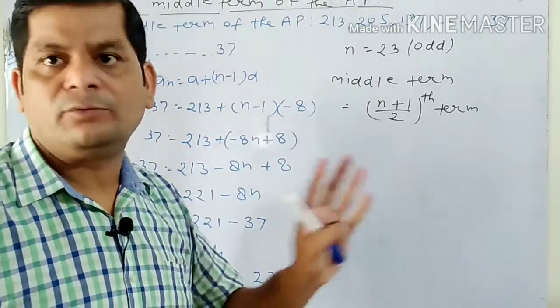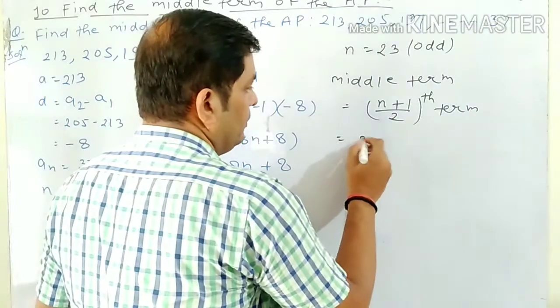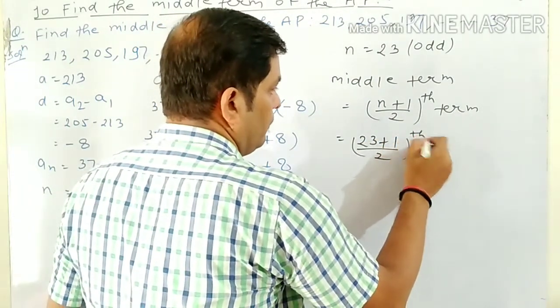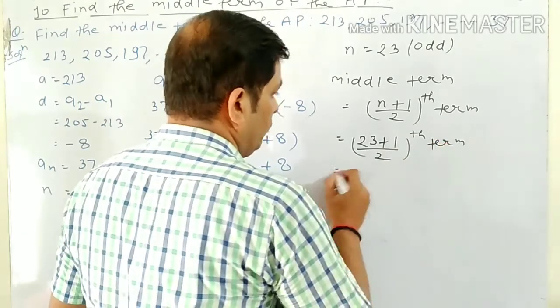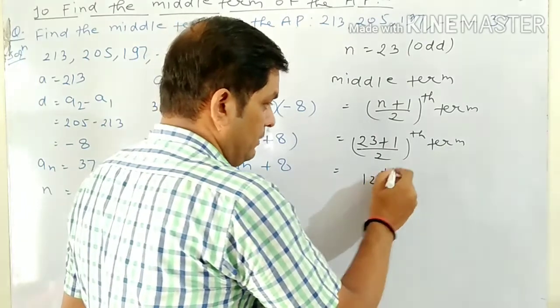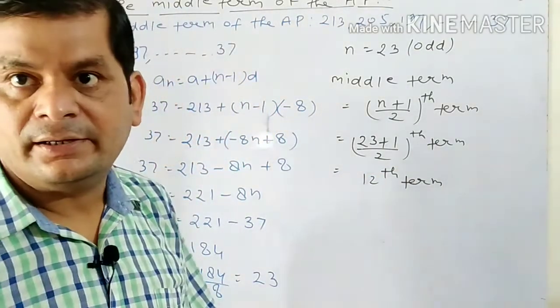Any number can come, no problem, it should just be odd. Now put the value here: 23 plus 1 by 2 th term. So 23 plus 1 is 24, upon 2 is the 12th term. The 12th term is not the final answer.